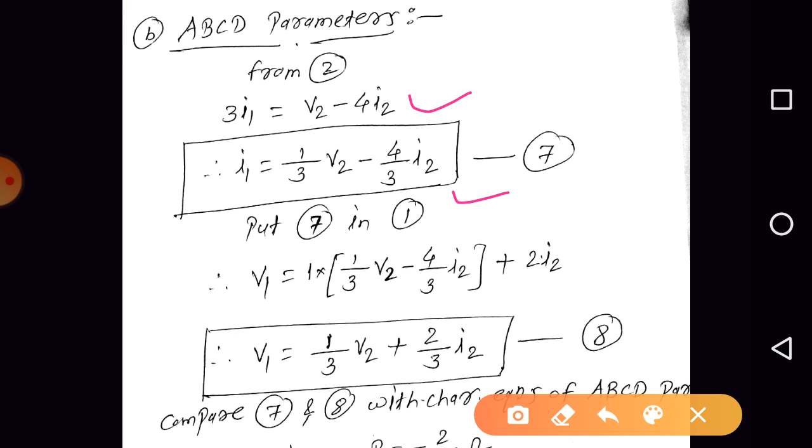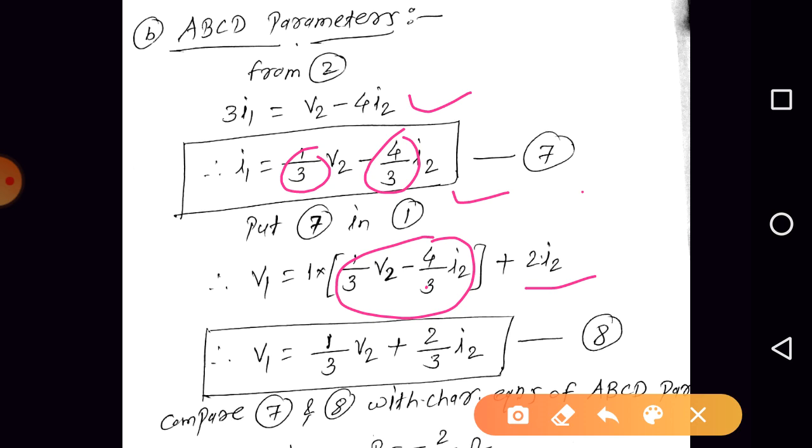Here I1 is equal to C V2 minus D I2, so parameter C is 1 by 3 and parameter D is 4 by 3. Next, put equation 7 in equation 1. V1 is equal to 1 into I1, so replace I1 with this equation, plus 2 into I2 as it is.